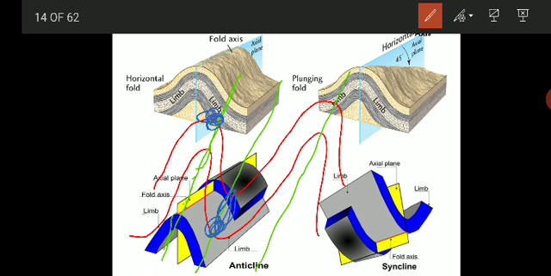So how will you define the crest and trough of the fold? The line running through the highest point in the up-arched fold defines the crest. Suppose this is the up-arched fold, then the line joining all the up-arched folds is called the crestal plane. This is the crest, not crust, okay, it is the crest of the fold.